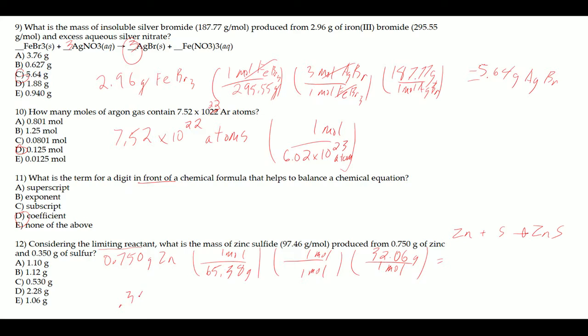And 0.35 grams of sulfur is the other equation. Oh, this last one will be 97.46, the molar mass of zinc sulfide. The last thing here should be that molar mass of zinc sulfide.